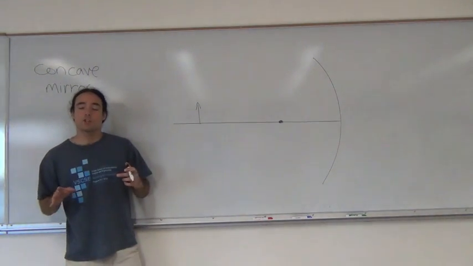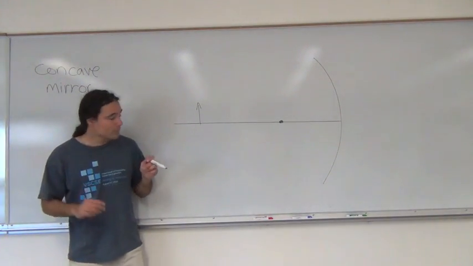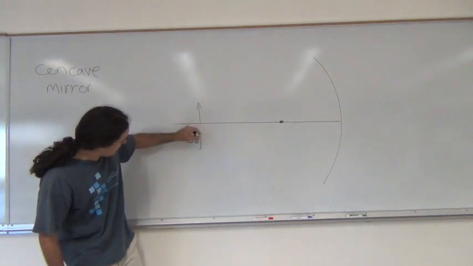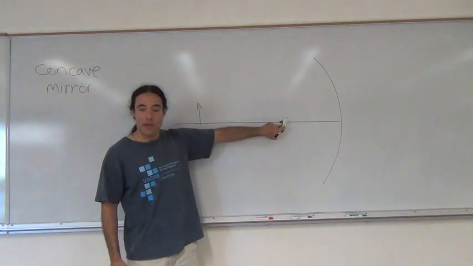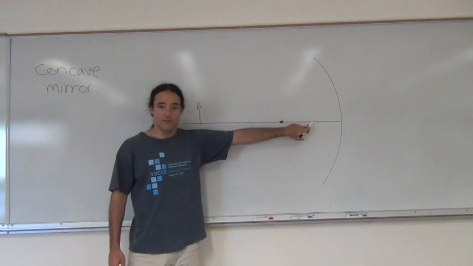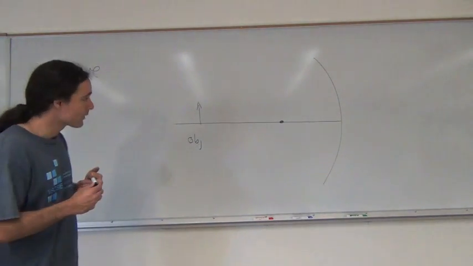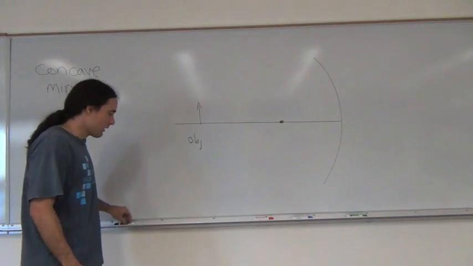Let's see what type of image a concave mirror makes. We're going to make this with an object that is outside the focal point. So it's not inside the focal point, it's further away from the mirror than the focal point is. We're just going to trace some rays here.